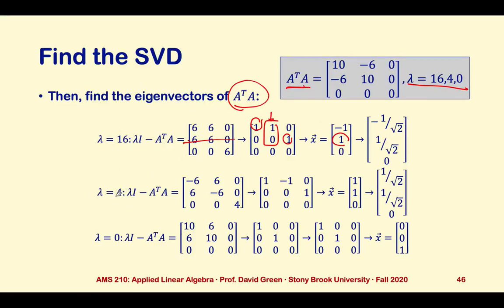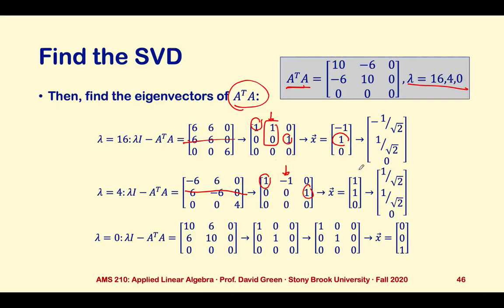Lambda equals 4. Lambda I minus A transpose A gives us 4 minus 10, which is negative 6. 6, 0, 6, negative 6, 0, 0, 0, 4. Again, we have a row that's a scalar multiple of the other. That's going to disappear. And when we scale each row to give us our pivots of 1, we get 1, negative 1, 0, and 0, 1. Same idea.